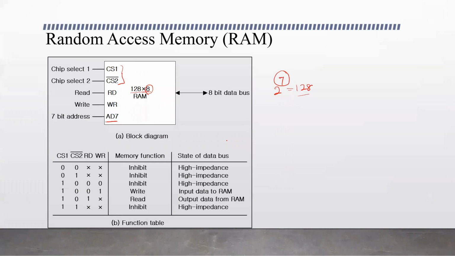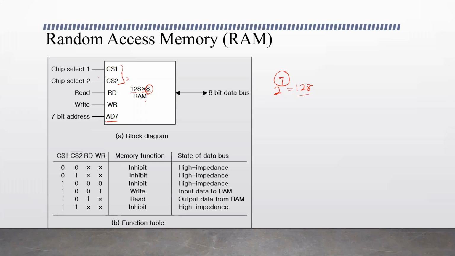There are two chip select lines, CS1 and CS2 bar. CS2 bar means if the input is 1, it generates 0. If it is 0, it generates 1. These bits are used to select the particular RAM chip.